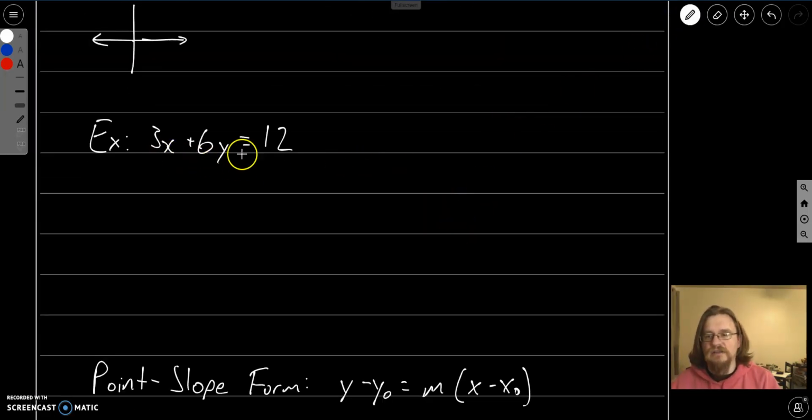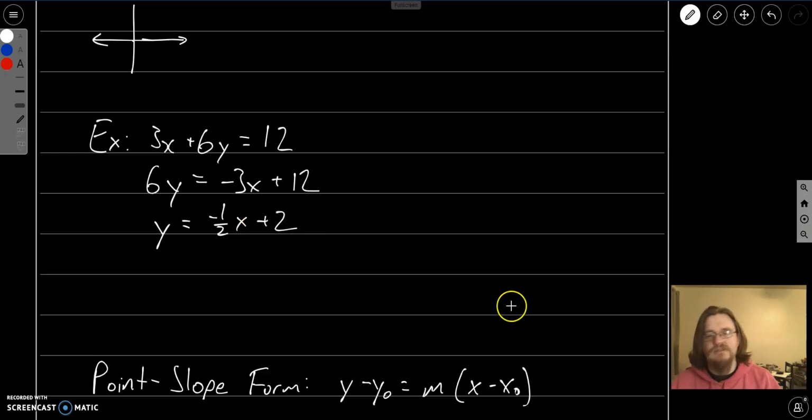So let's subtract 3x from both sides to get 6y is going to be equal to minus 3x plus 12. And then I'll divide both sides by 6 to get y will be equal to 3 divided by 6 is a half. So this is negative a half x plus 2. And then we can use this information to graph our equation here.